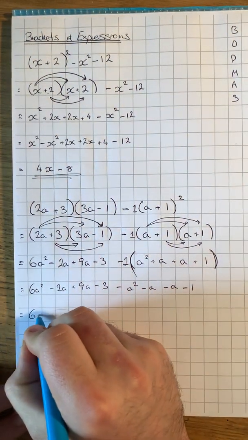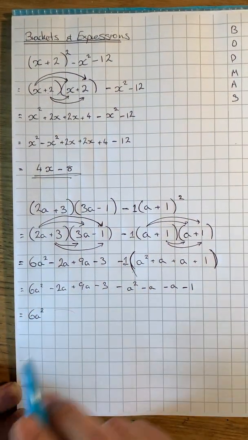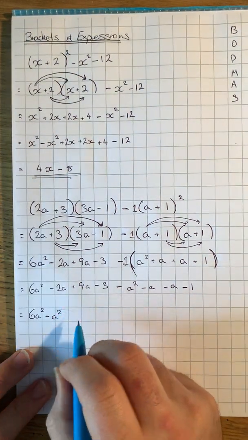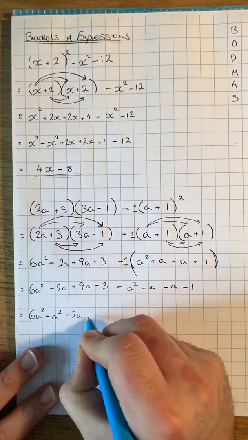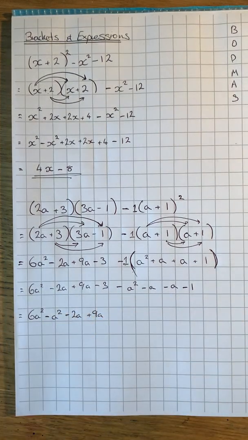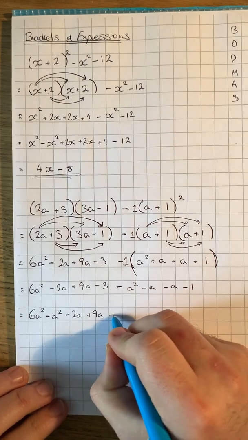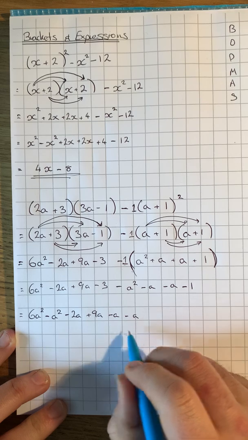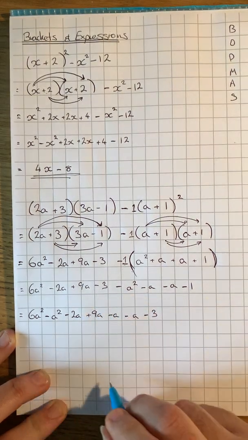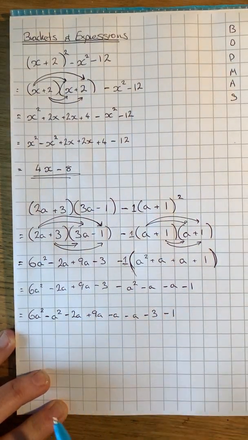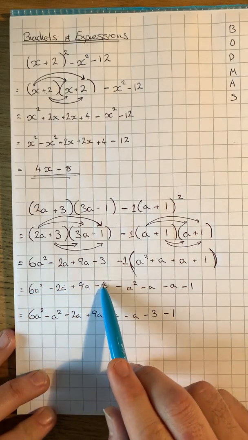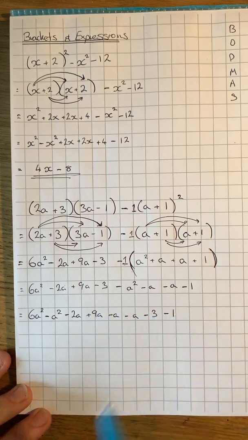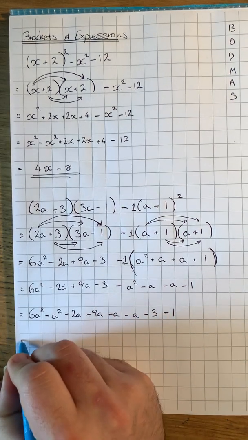So 6a squared, always start with the biggest one. Subtract a squared from there. We then have −2a plus 9a from here. We have a −a from there and −a from there. −3 from there and a −1. So we'll do a usual check. 1, 2, 3, 4, 5, 6, 7, 8 terms. 1, 2, 3, 4, 5, 6, 7, 8 terms. We've got them all.